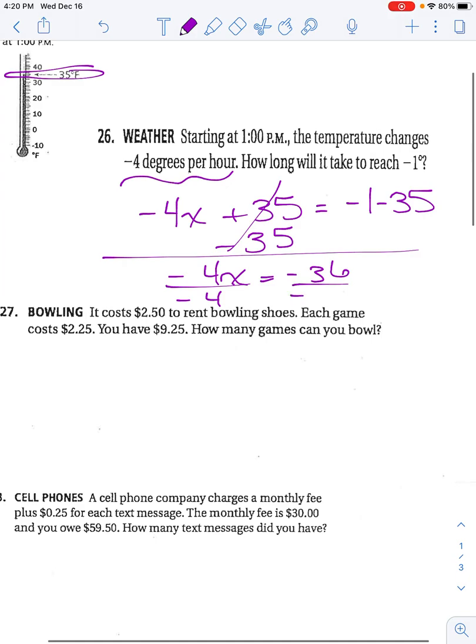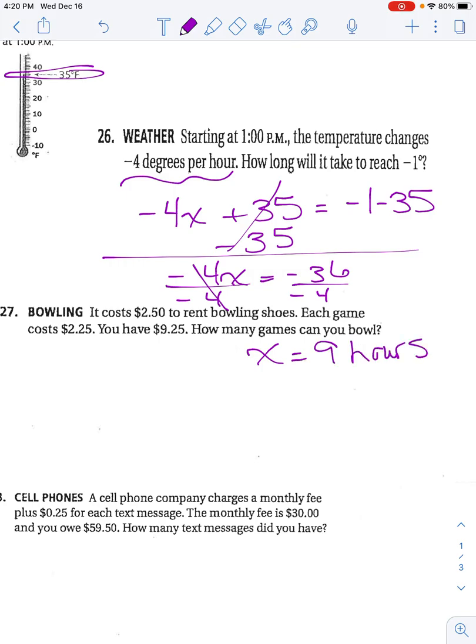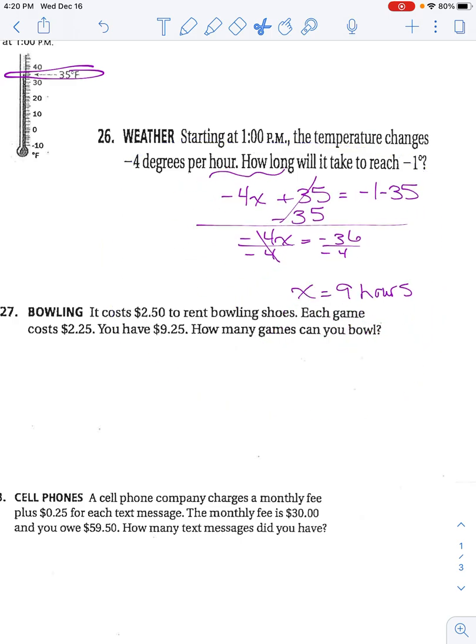Then we're going to divide both sides by -4. -4 divided by -4 is a positive x. -36 divided by -4 is a positive 9. It's going to take 9 hours for the temperature to reach -1 degree.